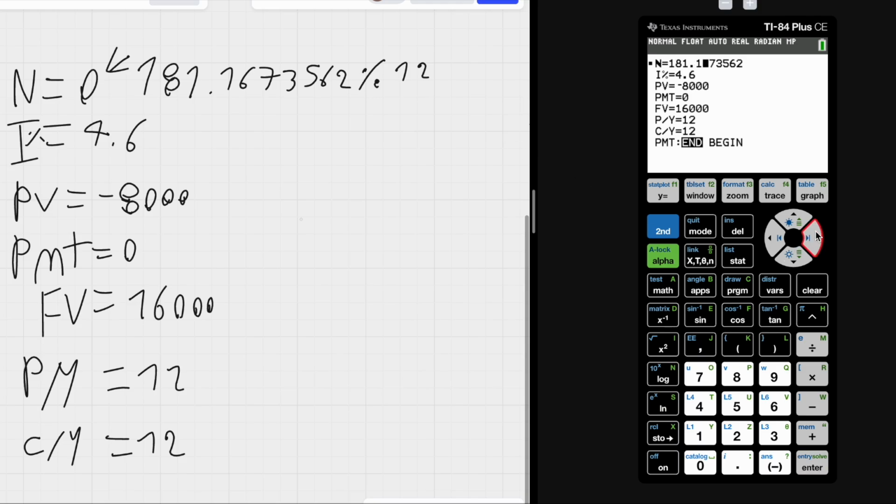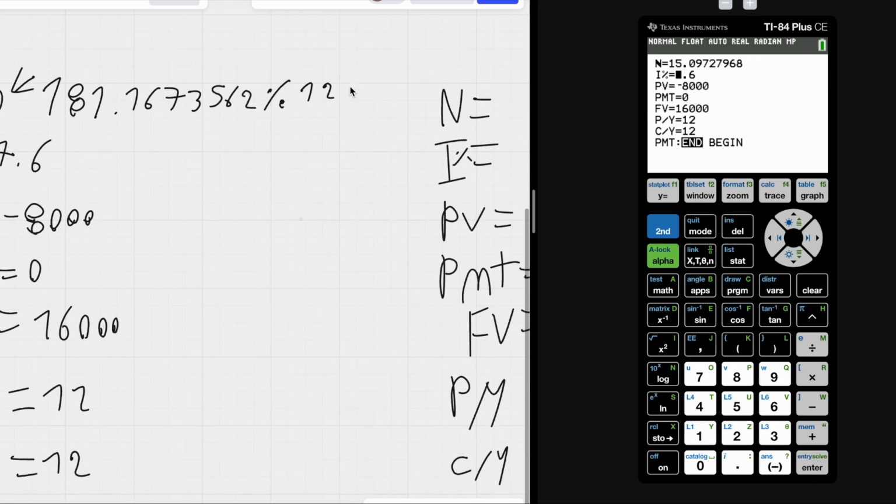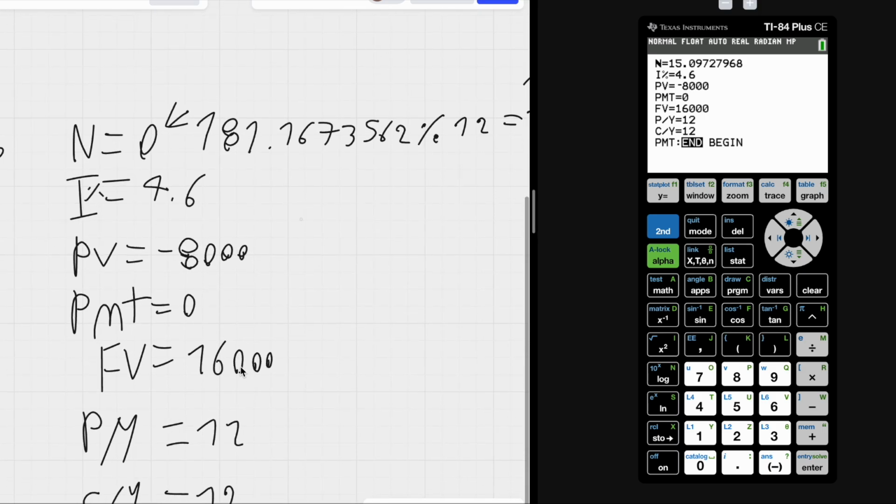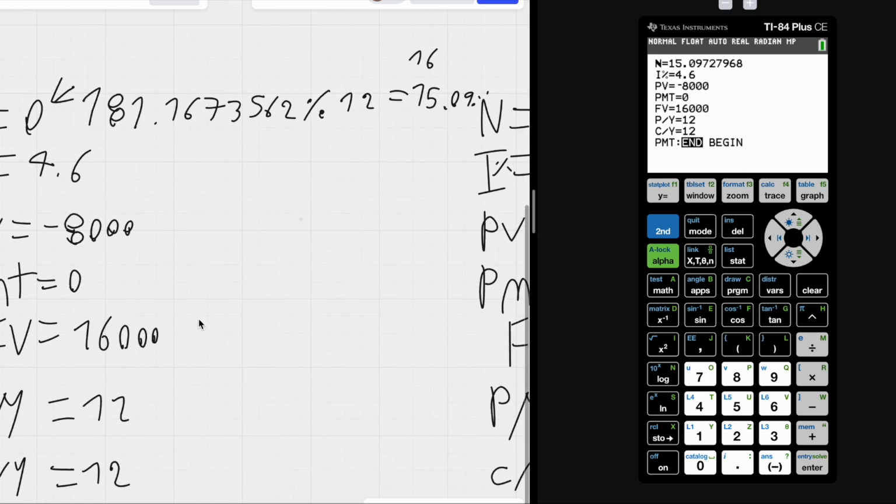So we can go there and divide by 12, and the answer is just 15.09, etc. And we're going to round this to 16, because she's not going to double her money in 15 years, but in 15 point something.